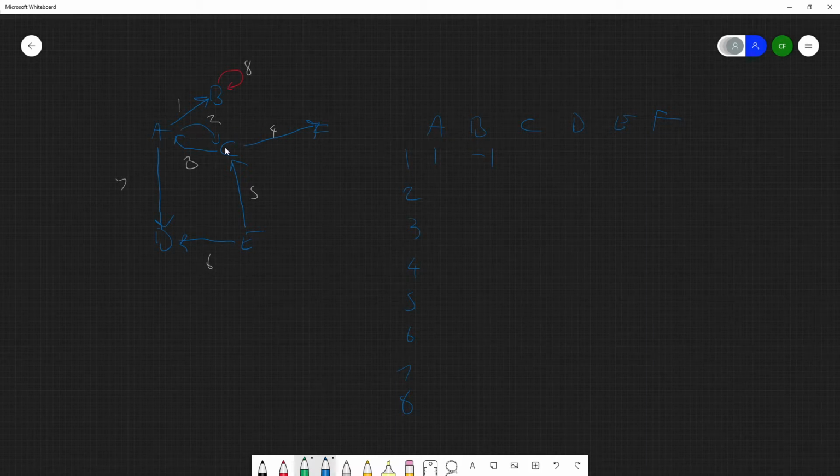For this one, A to C, you have a 1 on A and a -1 on C. This is why we had to have two separate ones.